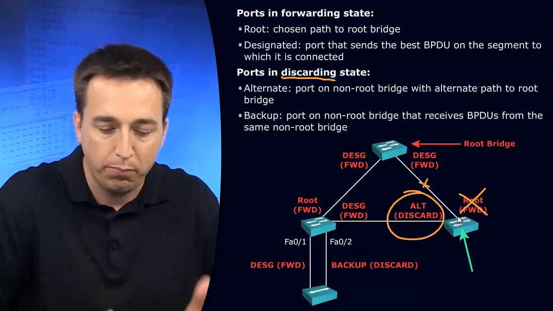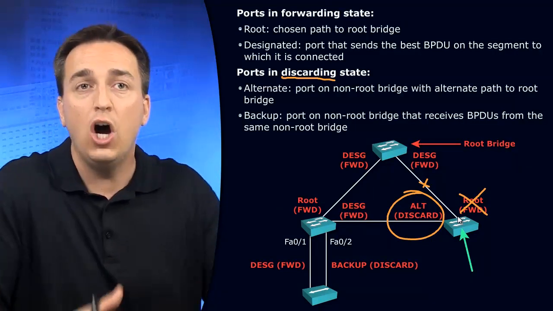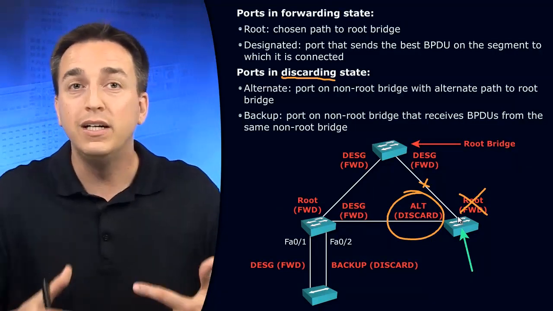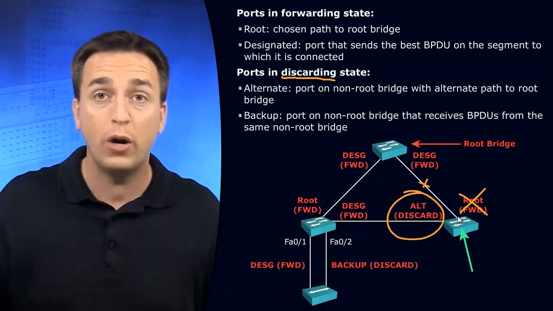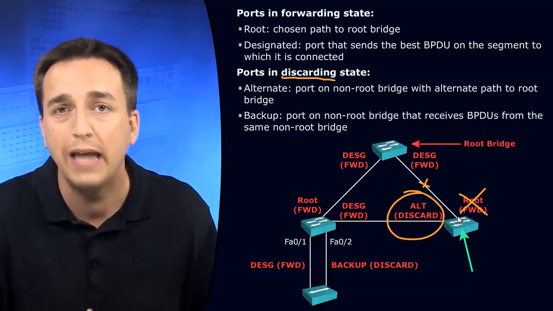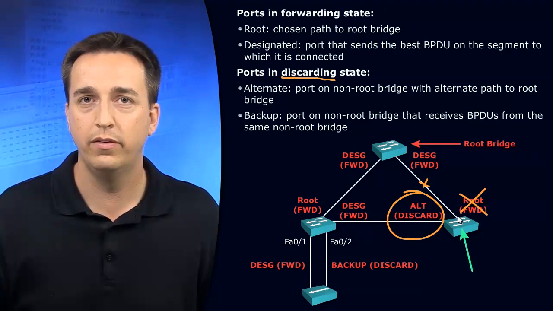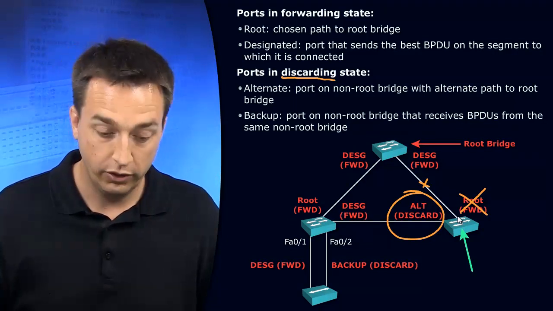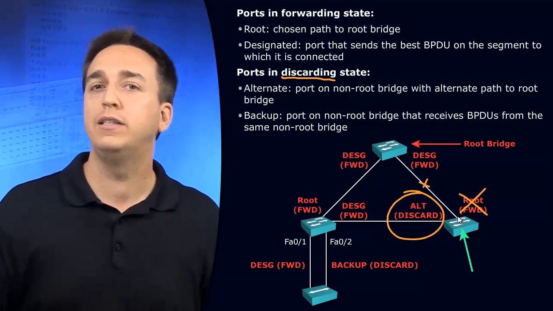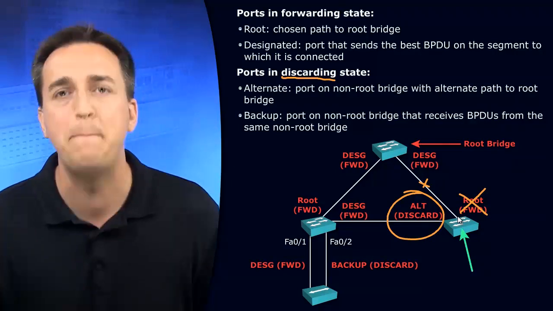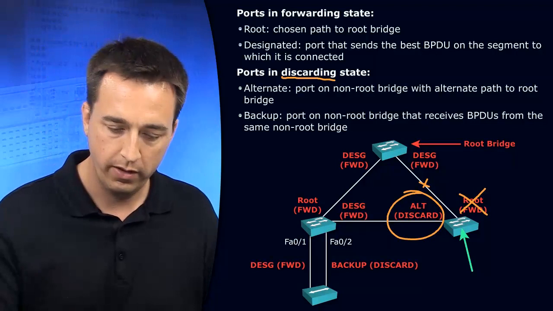Why? Because it's already been determined that this is an alternate port. It's the next best path to get to the root bridge and still maintain a loop-free infrastructure. So it helps speed up the transition. Don't have to wait for that BPDU to expire anymore.